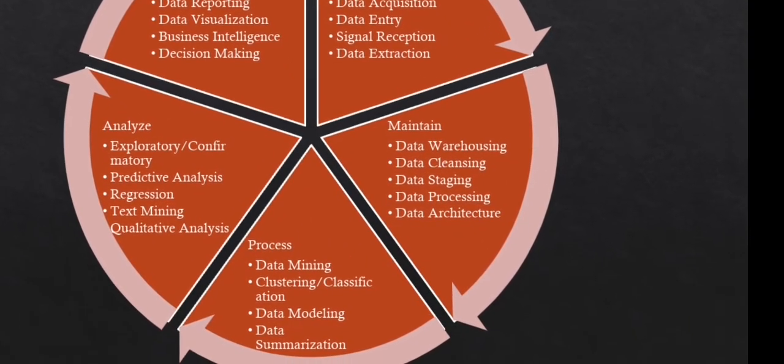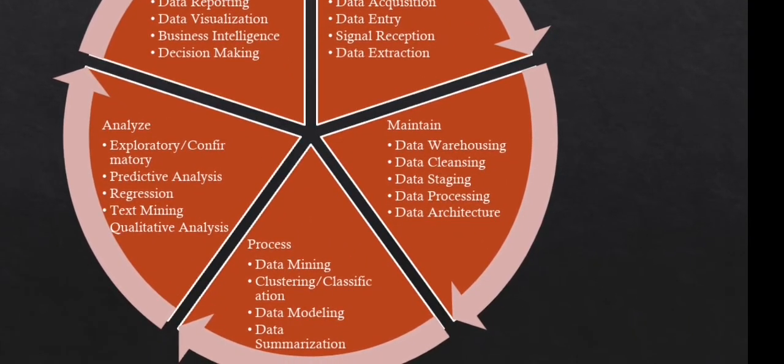Next is maintain: data warehousing, data cleansing, data staging, data processing, and data architecture. This stage covers taking the raw data and putting it in a form that can be used.